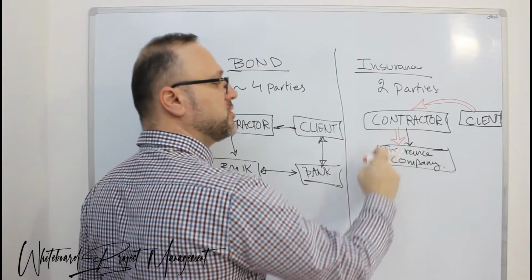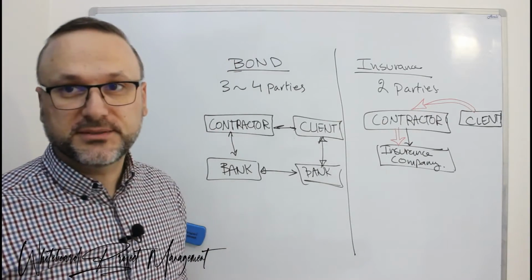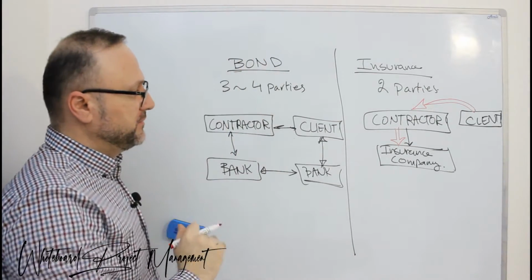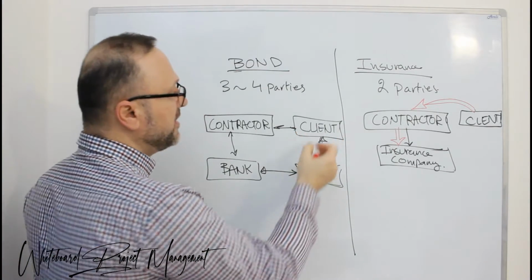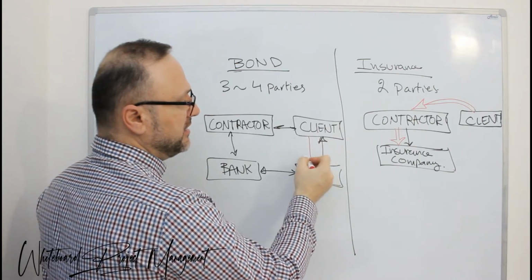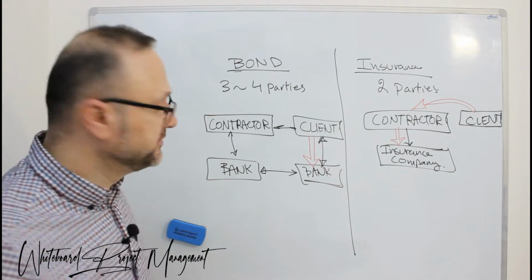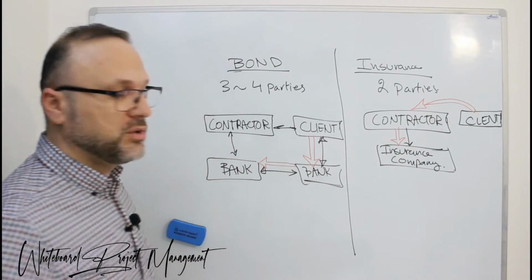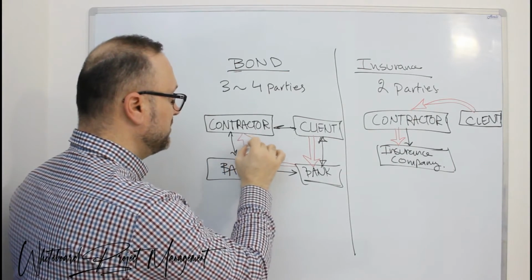And once the insurance company completes, it can reply back to the client. While during the bond, if a problem occurs here, the client sends his claim to his bank, and his bank sends the claim to the contractor's bank, and the contractor's bank sends the claim to the contractor.